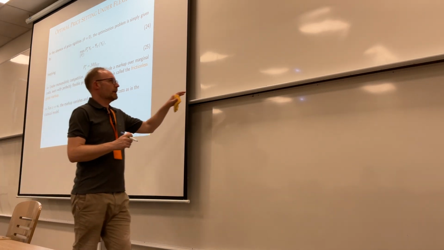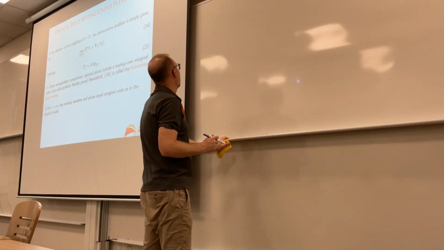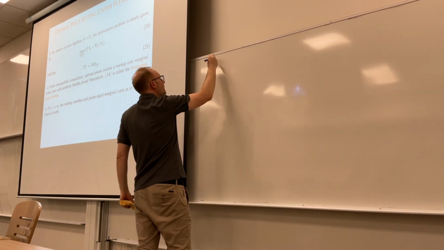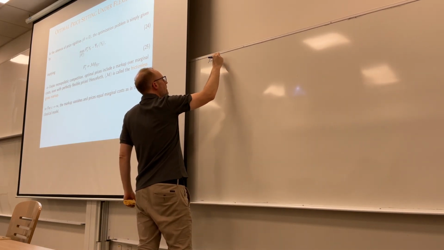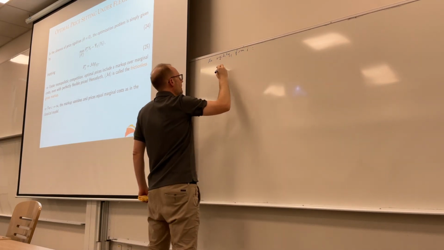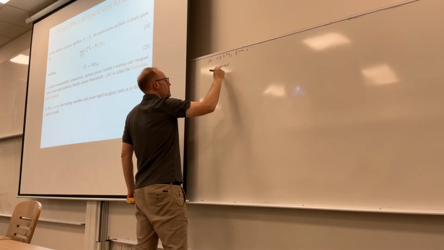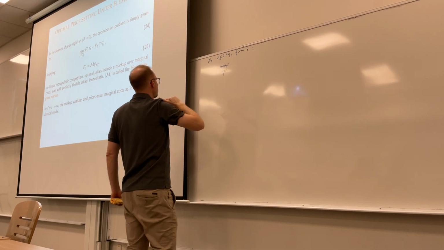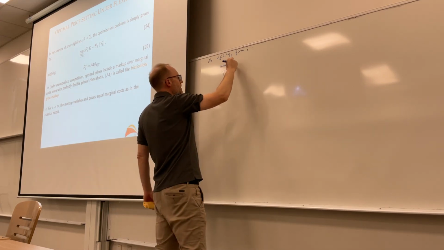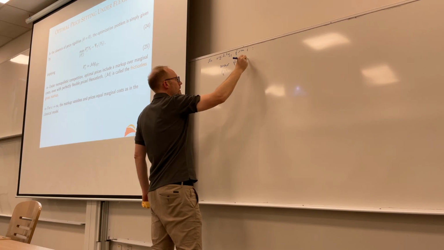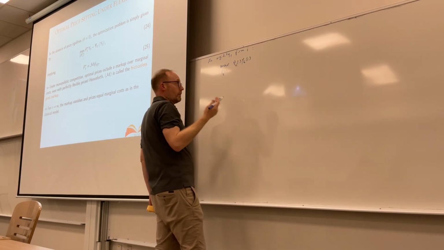So let's look at an individual firm i. So no rigidity, firm i that wants to choose P_t(i) to maximize the revenue of selling its good.